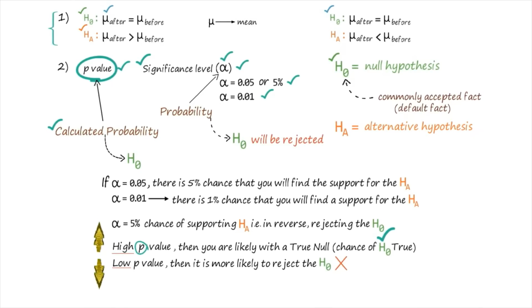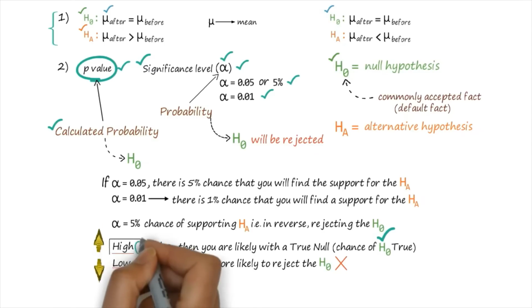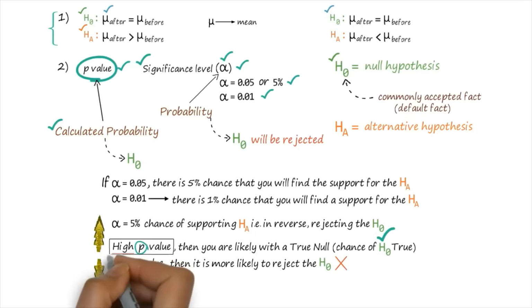Say, whatever problem we are dealing with, if we have got a p-value which is higher than the significance level, then what can you conclude? See, if the p-value is high, it means there is a high chance that the null hypothesis is true. Since it is a probability, p is not a fixed value, it is a probability, that's why I'm stating that there is a high chance that whatever null hypothesis you have assumed, it is true for a high p-value.